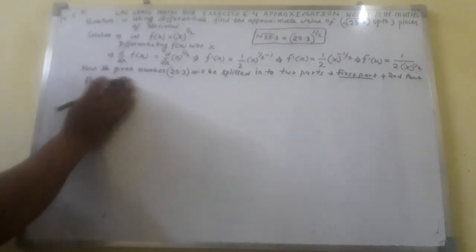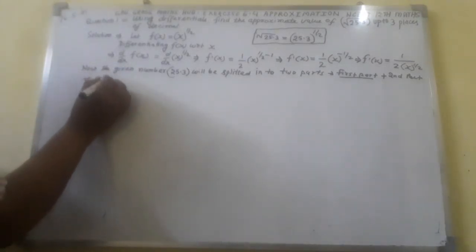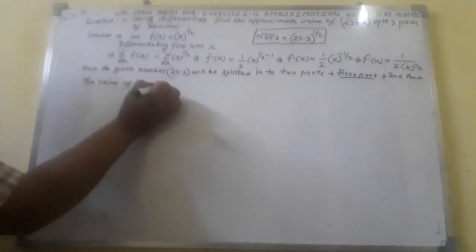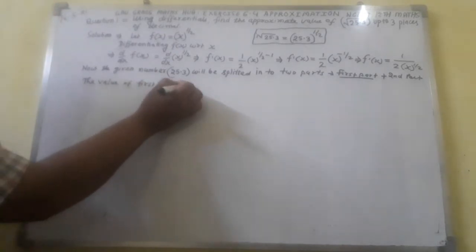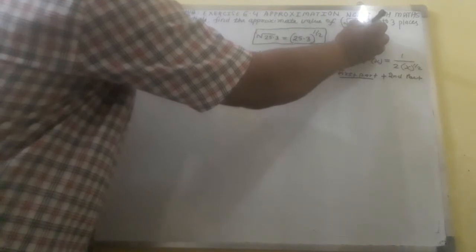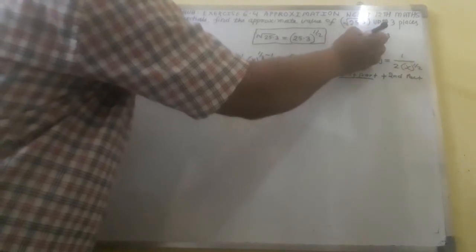The value of the first part, where will we take it from? You have to think over. The value of the first part equal to, from 25.3 itself. So if you write here 25 plus 0.3 and add, you will get here 25.3.